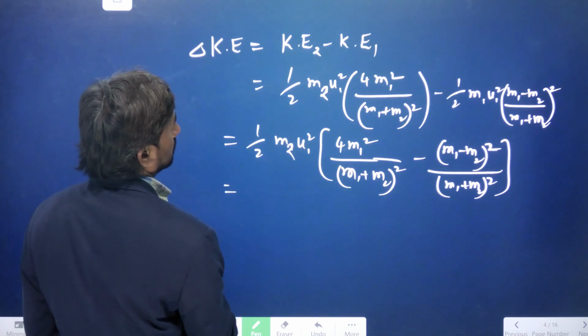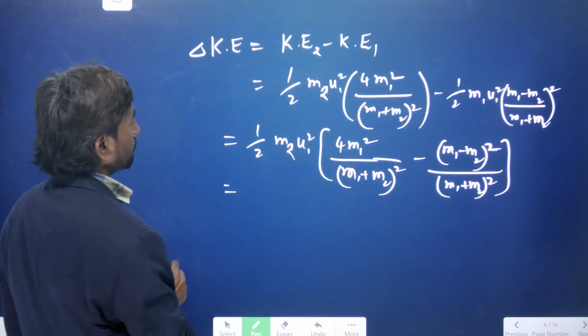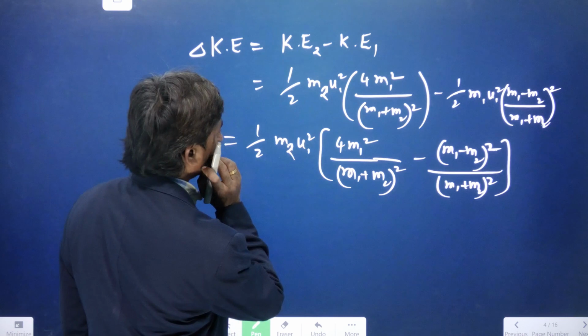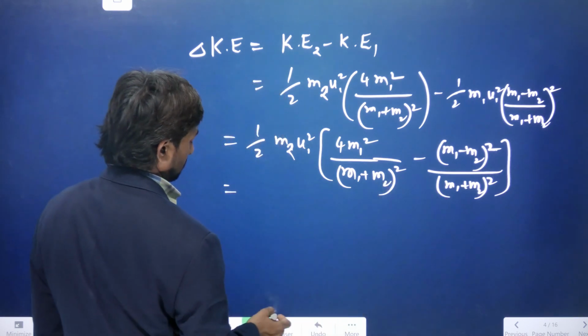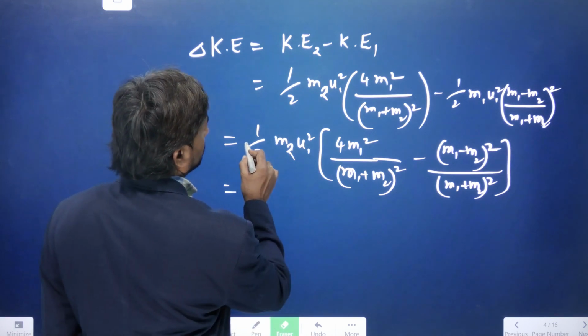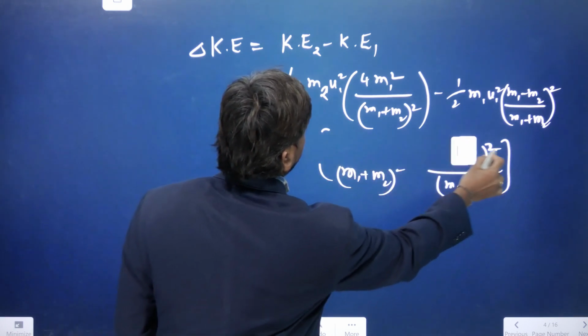From this we can write like this now. Here from this one we can write this also. This equation we cannot write.